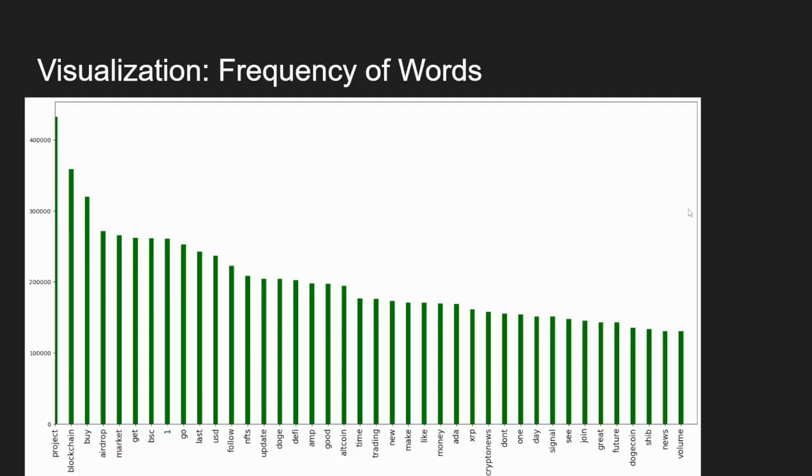So first, the visualization. Here's the visualization showing the frequency of words. It's a very simple plot just made in Python. So you can see the project is one of the most popular words. And it's important to know that these are the words that show up the most frequently after we have removed the stop words.